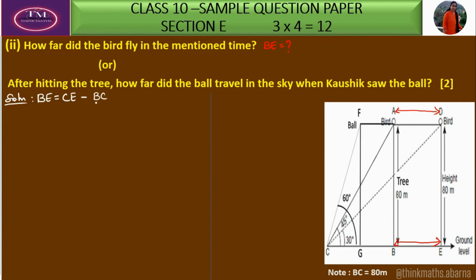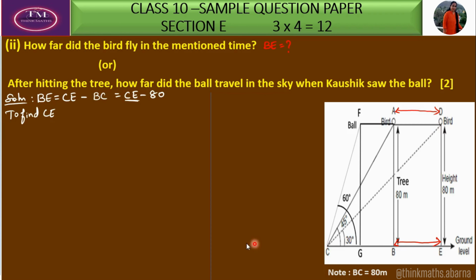What is BC? BC already we found from the previous page. It is 80 meter. So CE minus 80. So we have to find out CE. So to find CE, which triangle we have to use? To find CE, we have to use this big triangle CED.